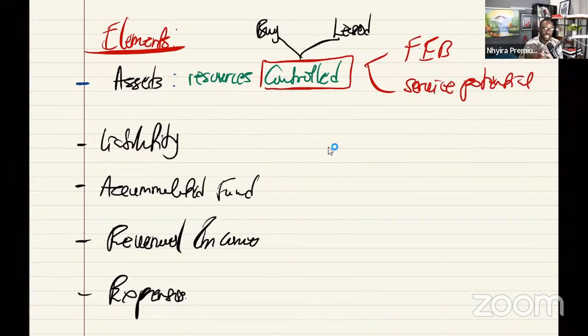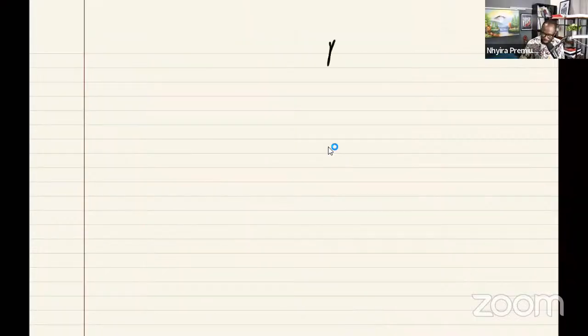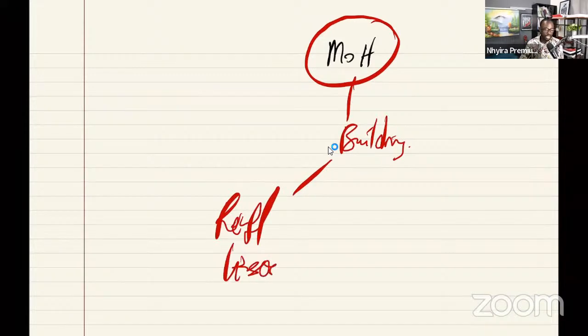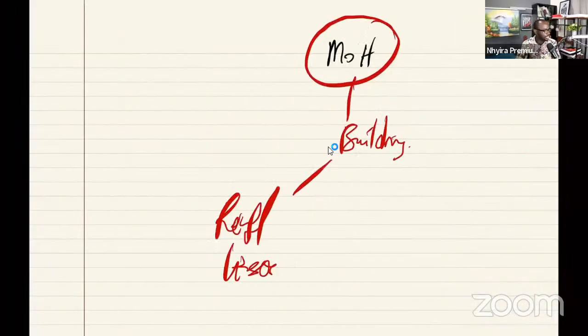Let me give an example. Let's say the Ministry of Health acquires a building. Stay with me carefully. And the building they acquire, they are renting it out or leasing part of it. That means that building is an asset. They are controlling the asset, but then they are getting economic benefits, which is the annual rentals they get.